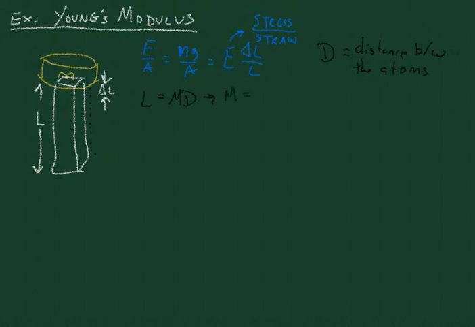In other words, the number of atoms that we have in series is going to be L over d. Similarly, if we call A the cross-sectional area of the rod, A is going to be the number of atoms in parallel times d squared. In other words, N, the number of springs in parallel for each layer, is going to be A divided by d squared.